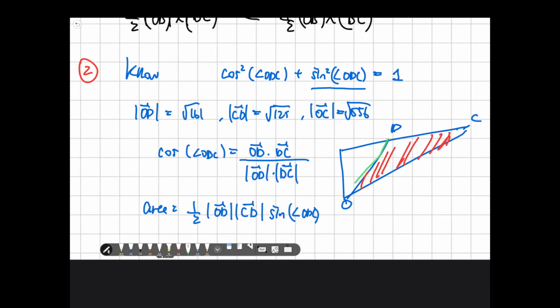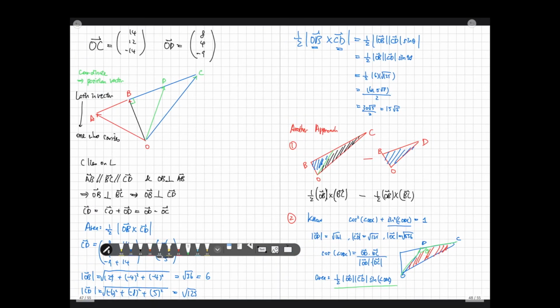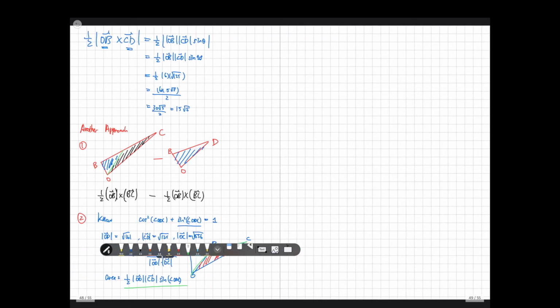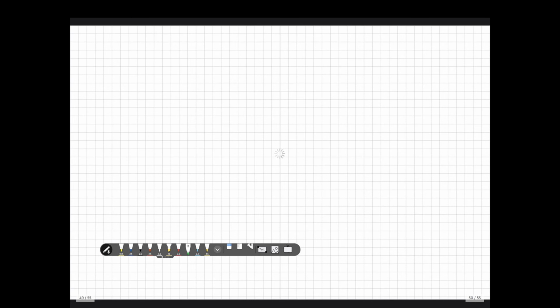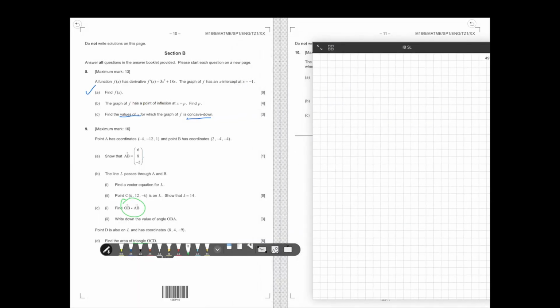After finding these two lengths, and I know this angle, I can make use of this property: the two lengths multiplied together times the sine of theta. I can find the area. So that is these two approaches. Altogether we have three approaches to do this part C. Part D should be part D. So that is for question 9, a very tough question.